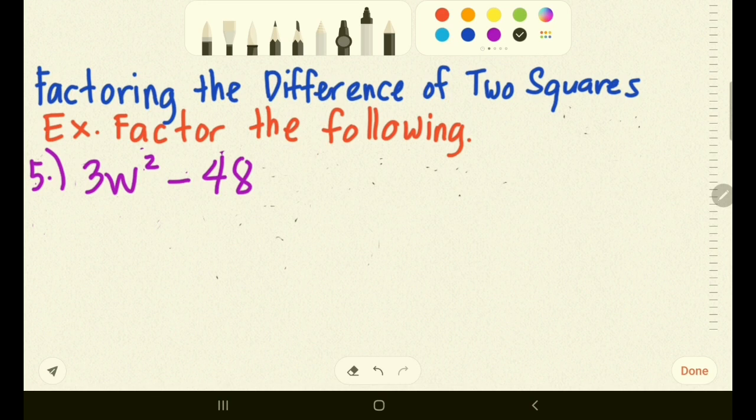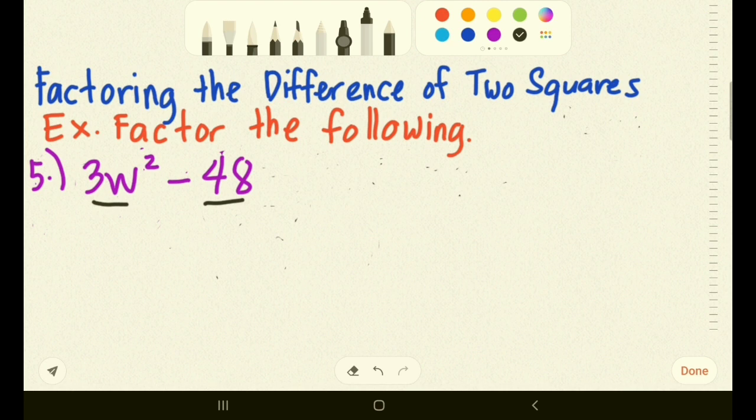We observe the 2 terms: you have 3w squared and 48. 3 is not a perfect square, as well as 48. So what do you think we're going to do? We cannot apply here the difference of 2 squares.